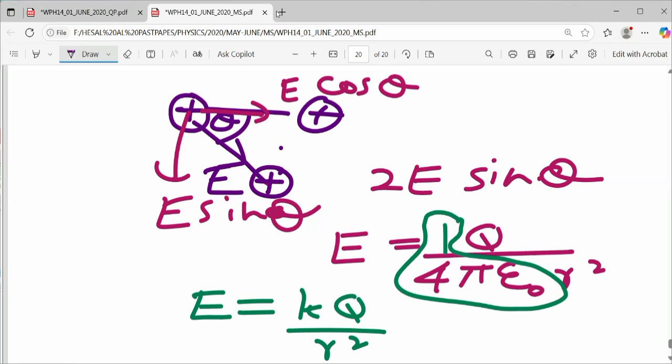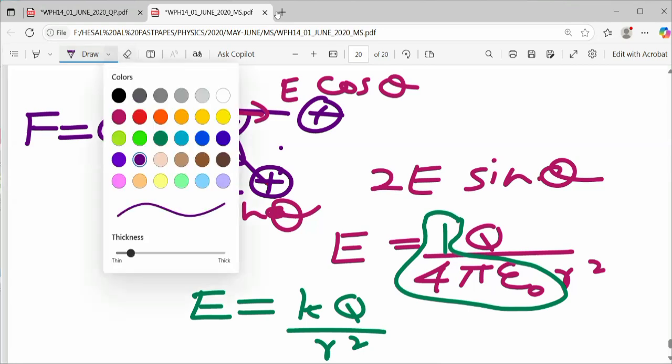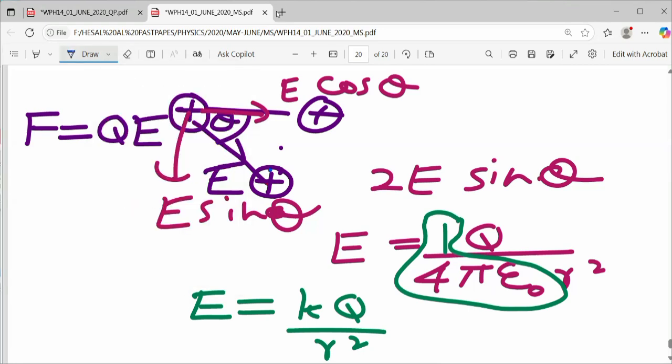But I can find the force acting there using F equals QE. Here Q is the charge we are keeping here. Normally we call it a test charge. If it is positive, then the direction is similar to the direction of the field. When it is negative, it is opposite.